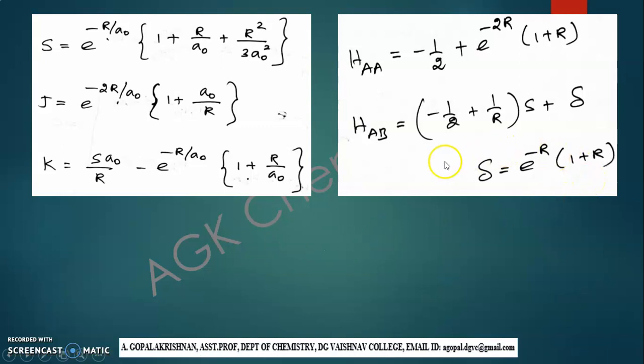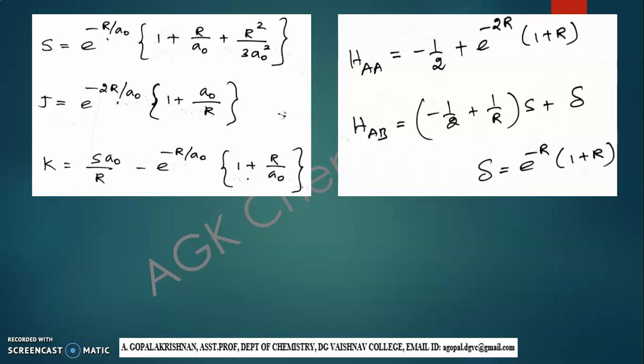Similarly, when R is very large, say infinite, the overlap integral becomes 0. There is no overlap between the two orbitals. Therefore, this part becomes 0, this part becomes 0, and when R is infinite, automatically this delta also becomes 0. So HAB becomes 0 when R is very, very large.